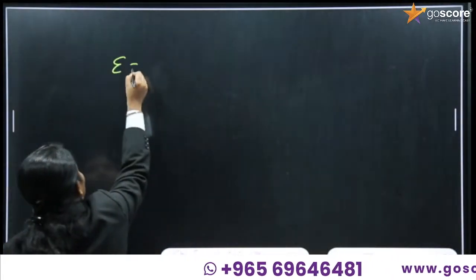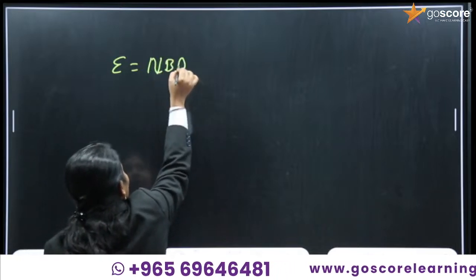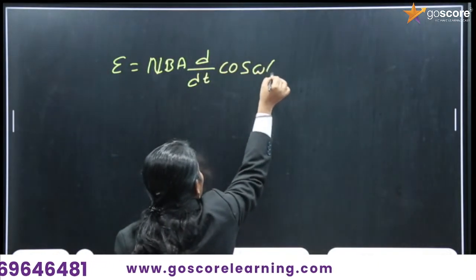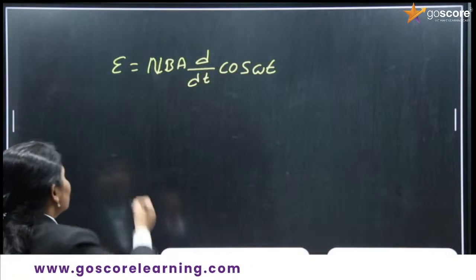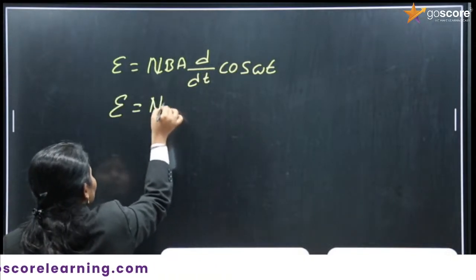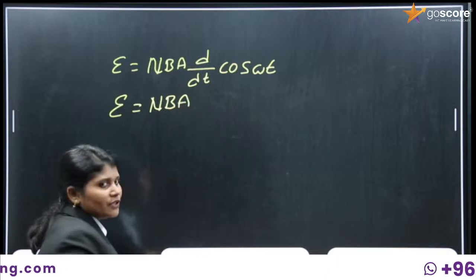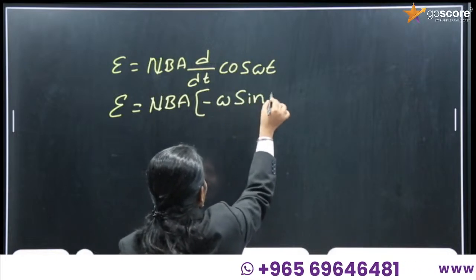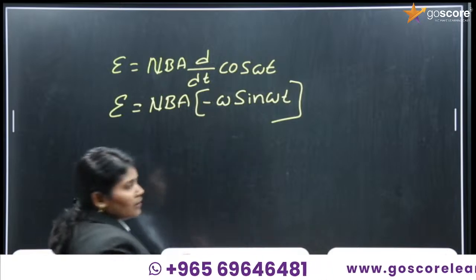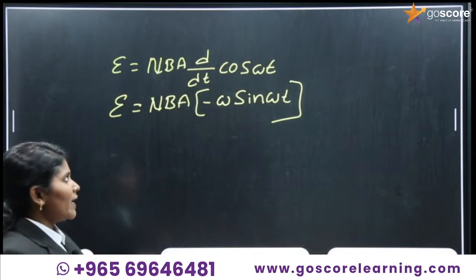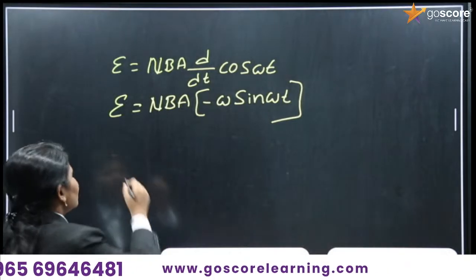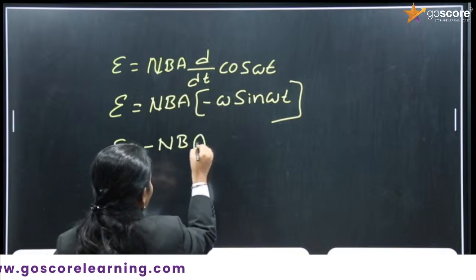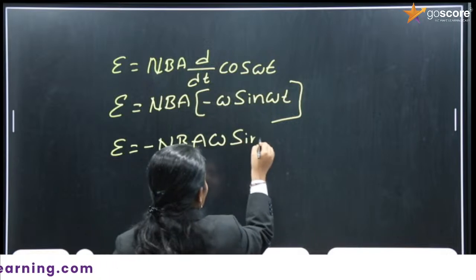So E is equal to NBA d by dt of cos omega t. What is the differentiation of cos omega t? Minus omega sin omega t. Then E is equal to minus NBA omega sin omega t.